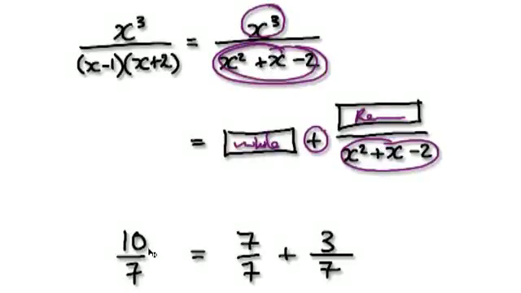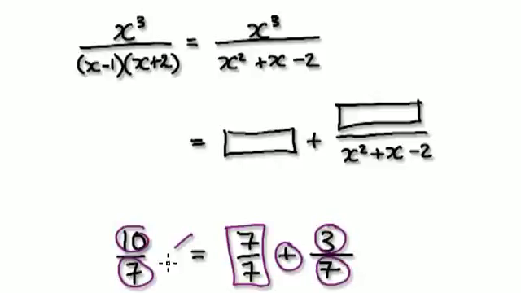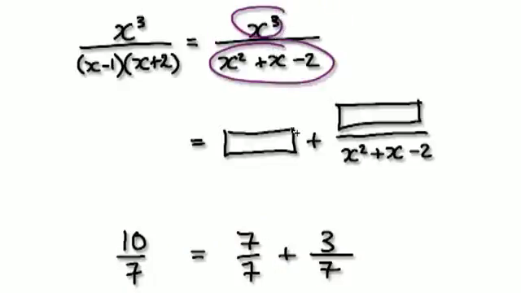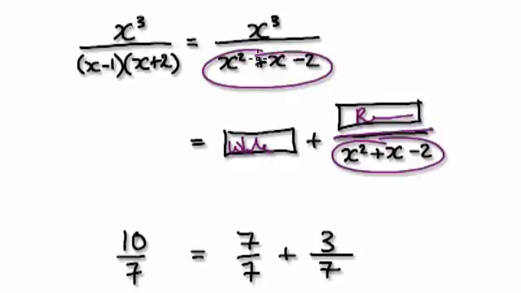So it's a bit like this. You're going to get this divided by this. You're going to get a whole thing here, plus the remainder over the original denominator. So if we were to look at this here, get this divided by this, you're going to get some sort of whole thing here, and then remainder over the original denominator.